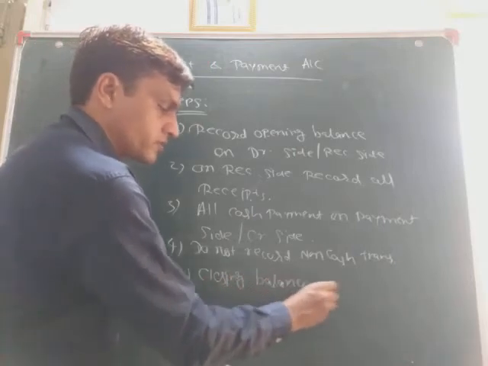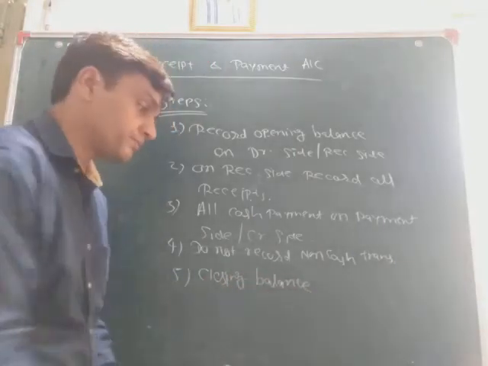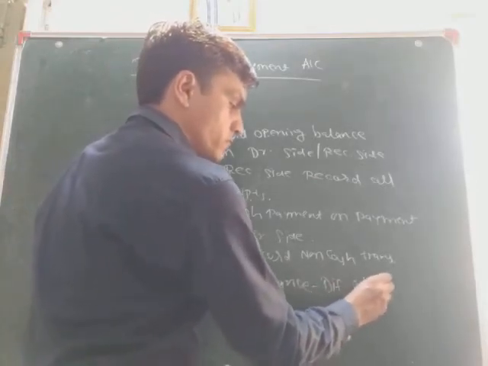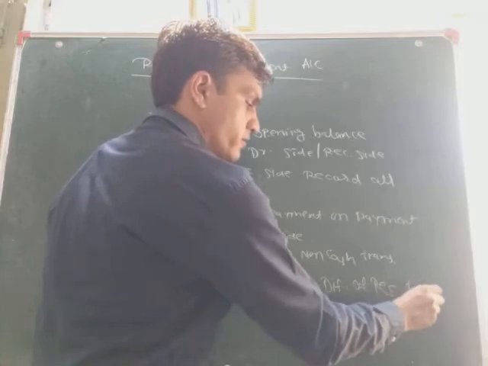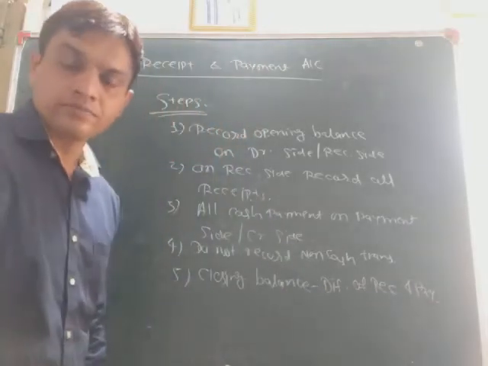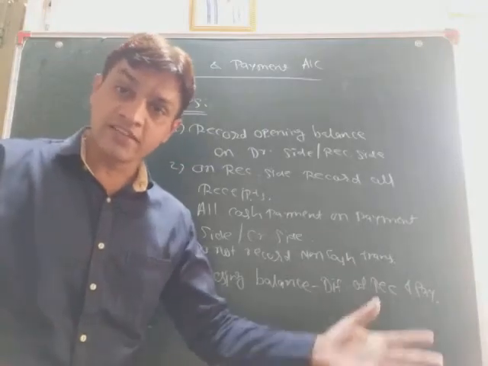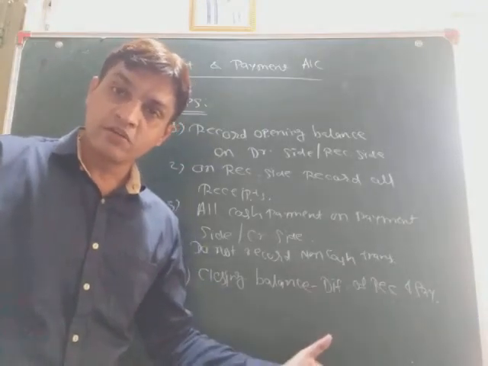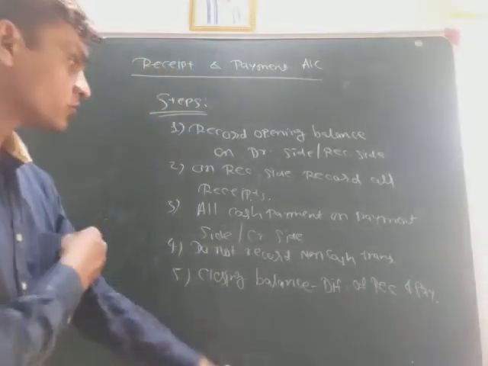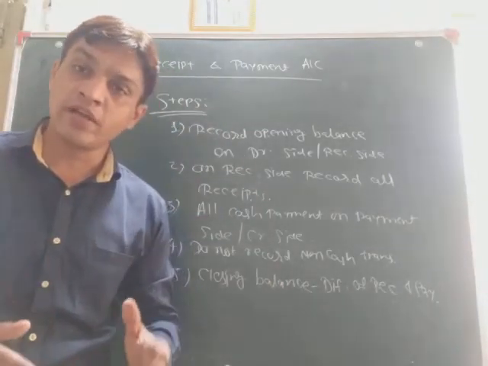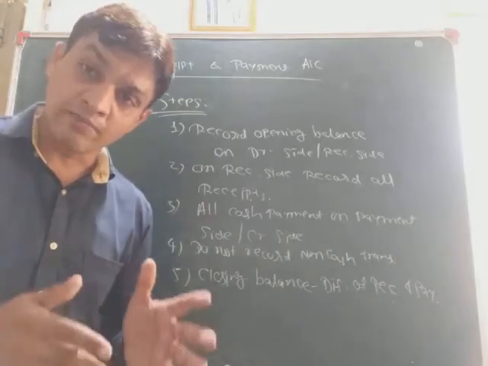And the last one, closing balance. What is closing balance? It is the difference of receipts and payments, and that would be on the payment side, the credit side, because it is the difference. So these 5 steps we have to keep in mind whenever we prepare the receipt and payment account.